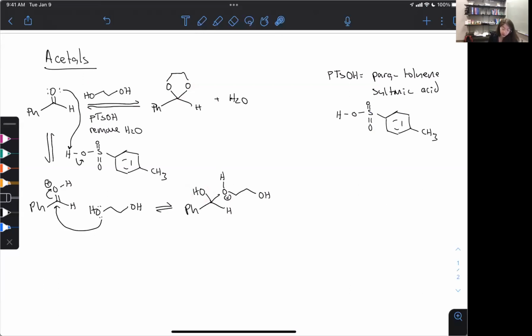And if you're thinking about, well, we could just go backwards and go like this, you're absolutely correct. And there is some component of that to this. But when we're drawing out these reversible reactions, it's important to keep focusing on the direction that's going to actually give you product and that's going to be productive, because you can definitely go down the rabbit hole in terms of some of the acid-base reactions that you can do.